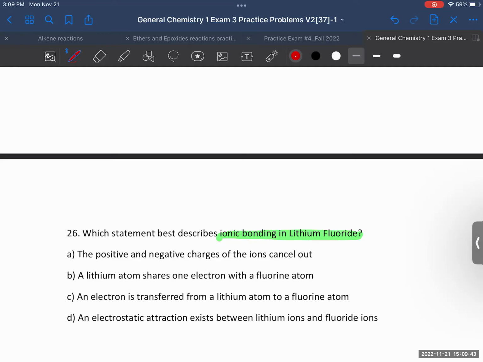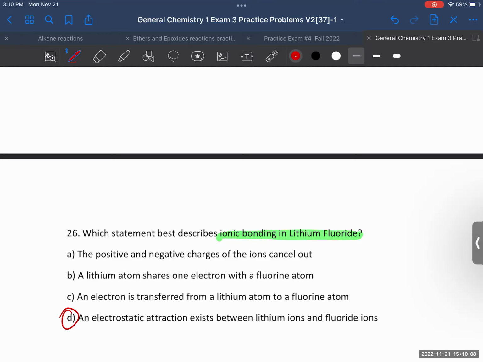Yes, okay. So for the answer, I would assume that most of y'all were between A and C and D. So let's see why C is not the right answer. It says an electron is transferred from a lithium atom to a fluorine atom. While this is true, it's the definition of ionic bonding, the transfer of electrons.